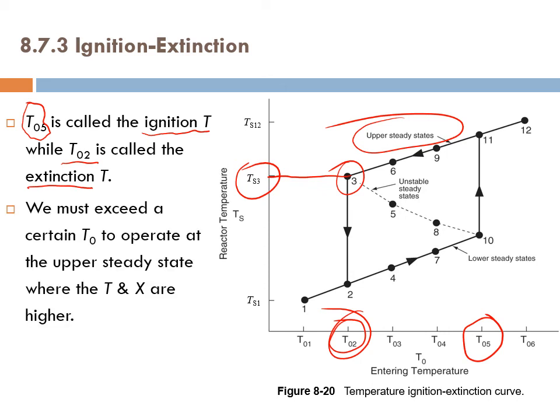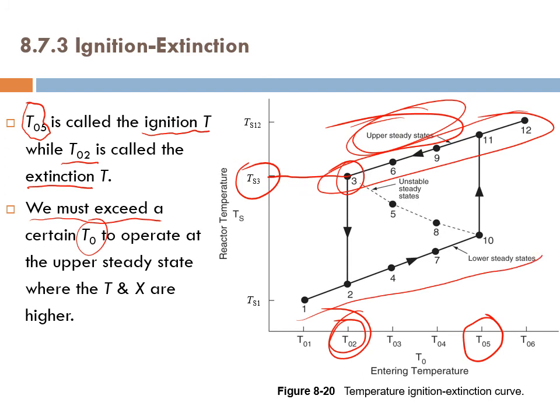So in fact, if you want to operate at the upper steady state, we must exceed a certain feed temperature to operate at the upper steady state where T and X are higher. You can see T and X are higher compared to the case where we're operating at the lower steady state.